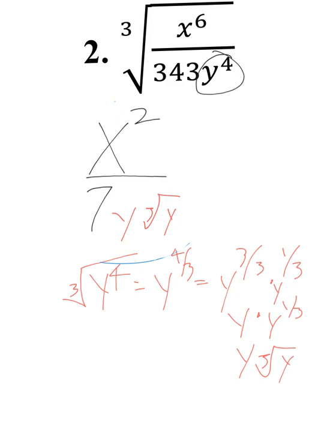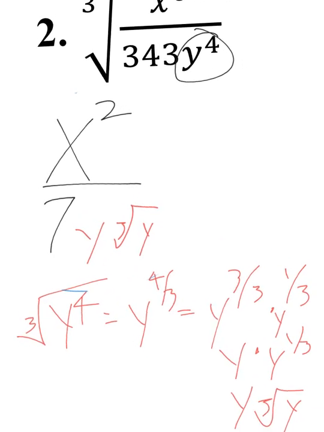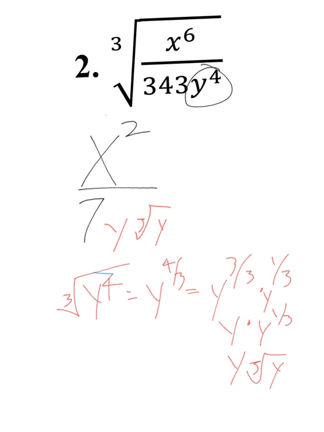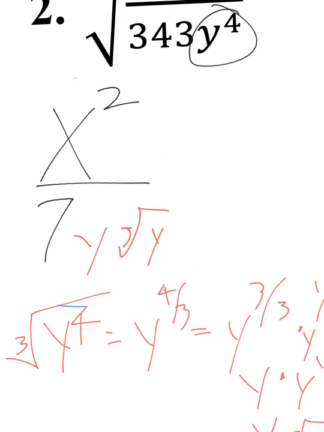And we need to get rid of that radical on the bottom. So what do I need to multiply the cube root of y by to make it just like a regular y? I can just do that by multiplying it by the cube root of y squared.